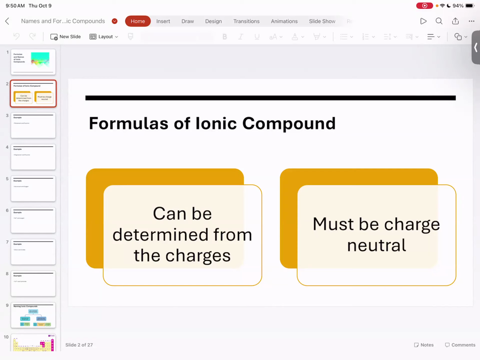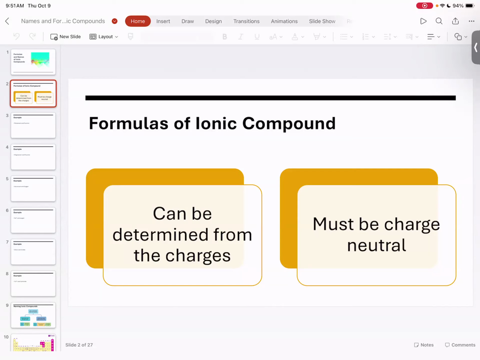Because if you can't differentiate between the two, then you can't possibly figure out how to name them, because the naming scheme is different depending upon whether it is an ionic compound or a molecular compound.